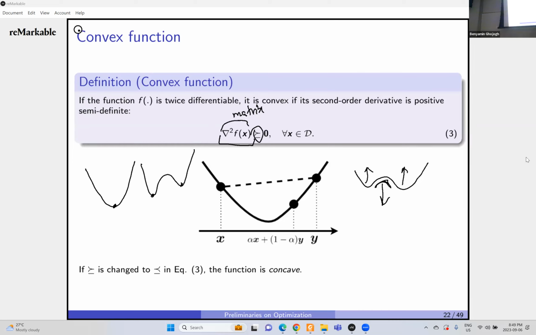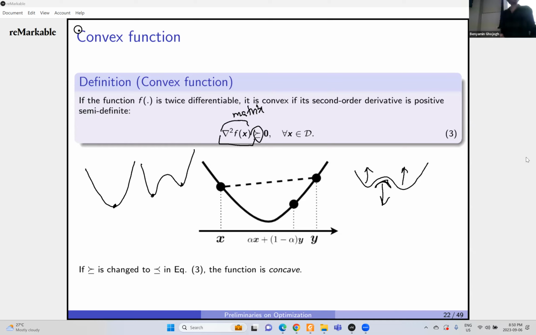Positive definite means that all of its eigenvalues are greater than 0. Positive semi-definite means that all of its eigenvalues are non-negative. They can be 0. Some of them might be 0. 0 or positive is positive semi-definite. Only positive, not 0 at all, means positive definite.